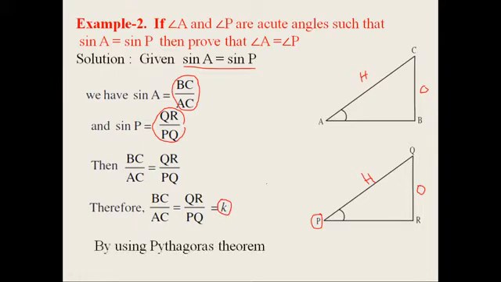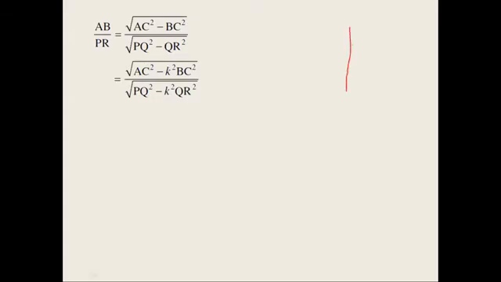By using Pythagoras theorem, AB by PR is equal to under root of AC square minus BC square by under root of PQ square minus QR square. So I will explain how we get this.